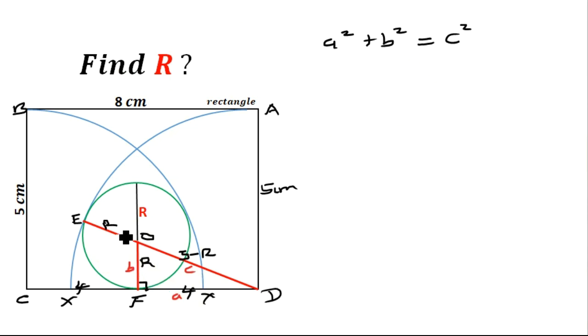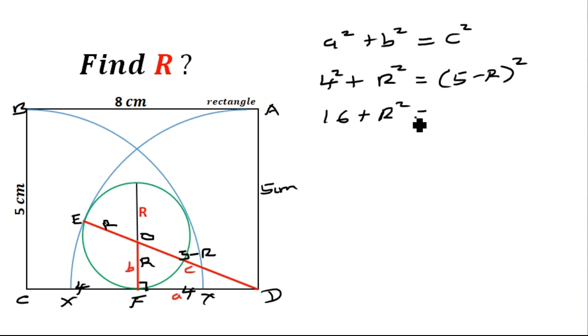If you do the substitution, A squared will be 4 squared, plus B is R, so R squared, equals C, which is 5 minus R, so 5 minus R all squared. If you simplify that, 4 squared is 16, plus R squared equals 5 minus R all squared. You can use the quadratic identity.